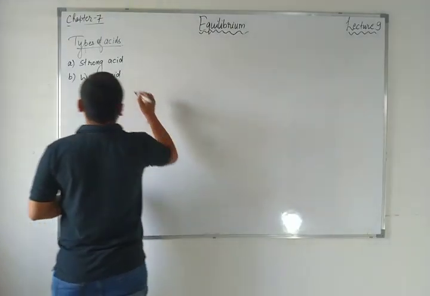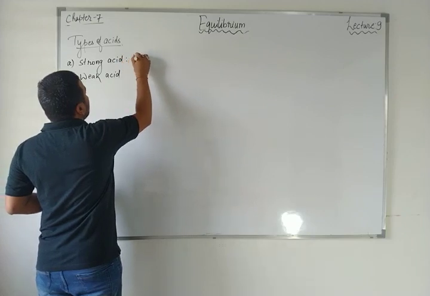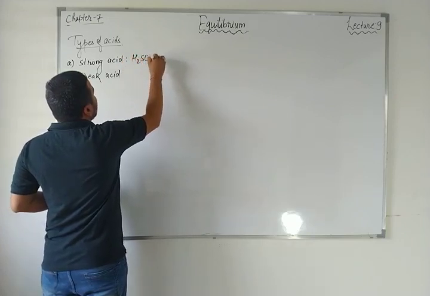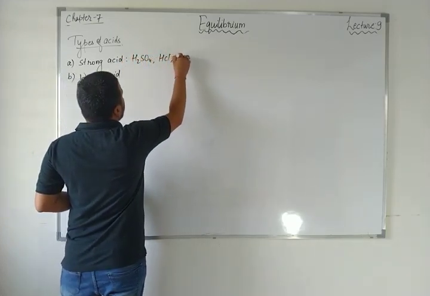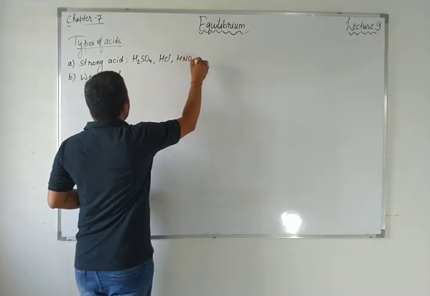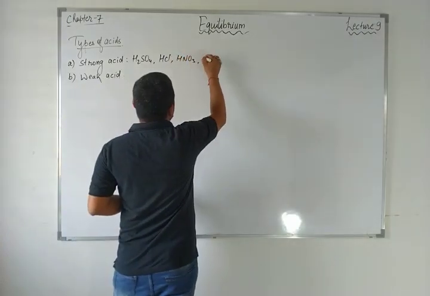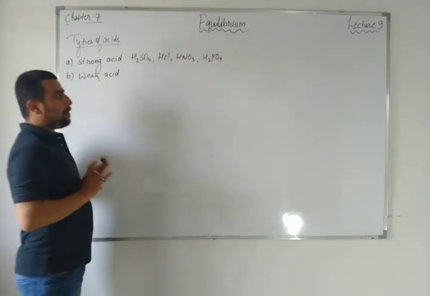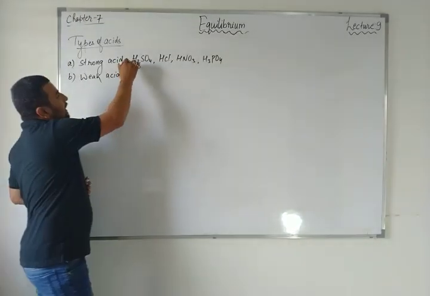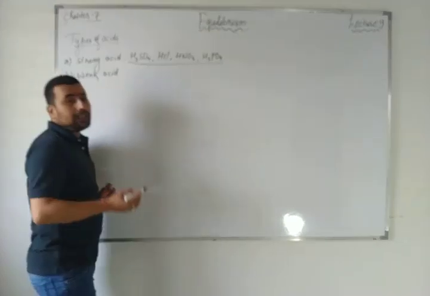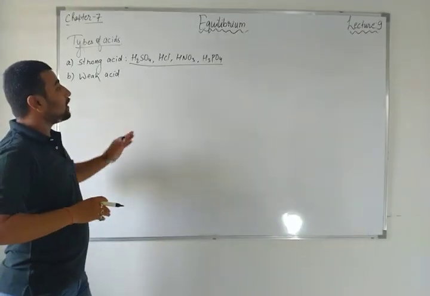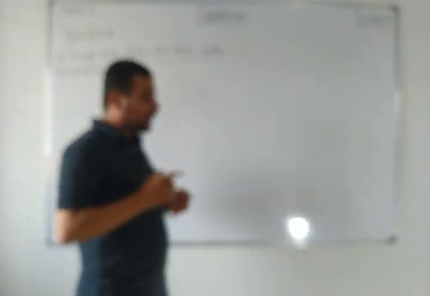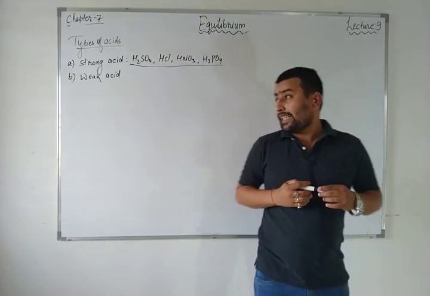Examples of strong acids are H2SO4, sulfuric acid, hydrochloric acid, nitric acid, and phosphoric acid. There are many, but I have given you some examples. These acids can dissociate their hydrogen ion into aqueous solution easily. That's why they are called strong acids.